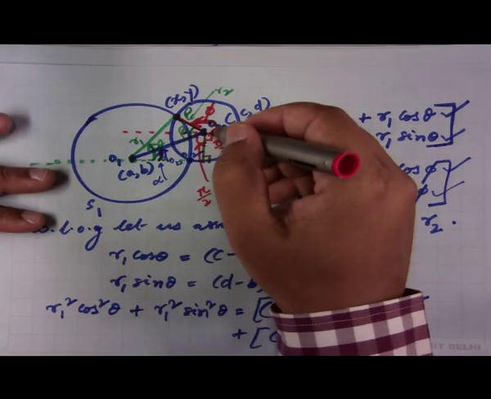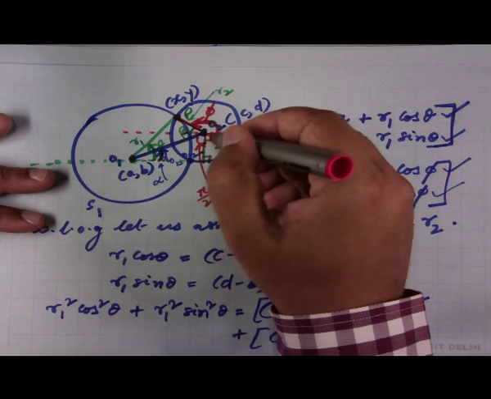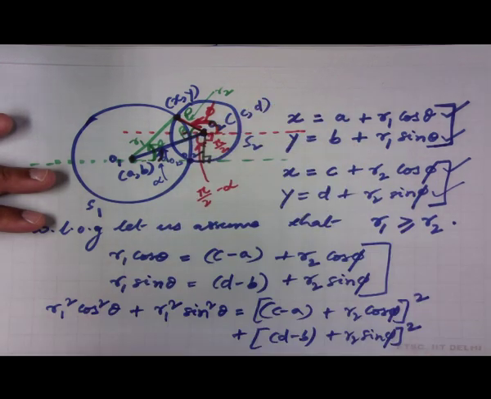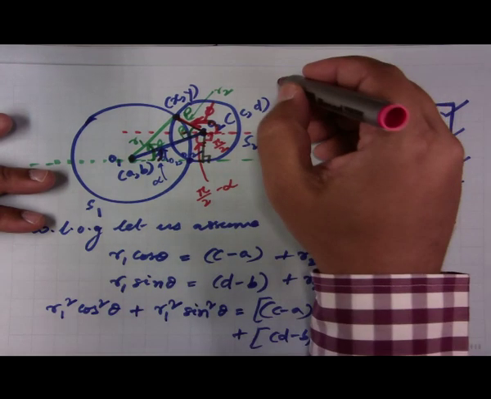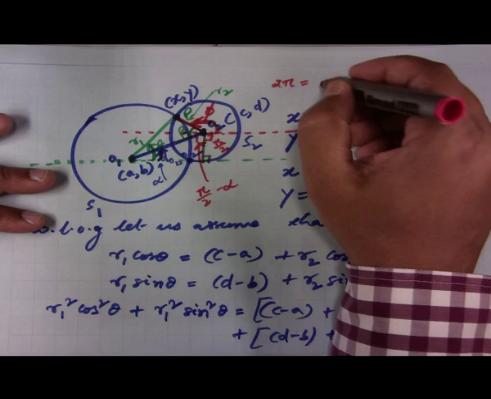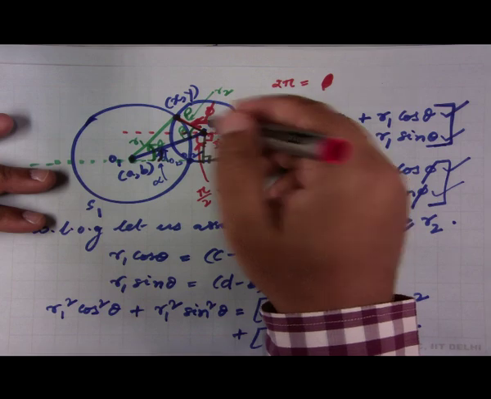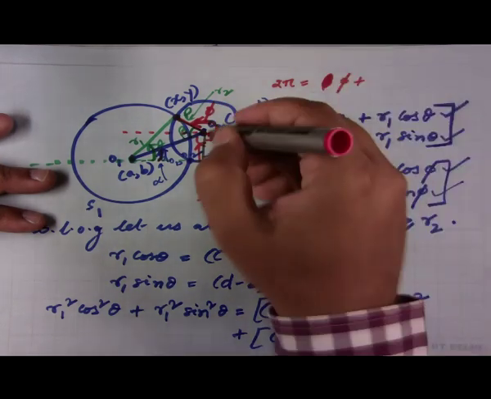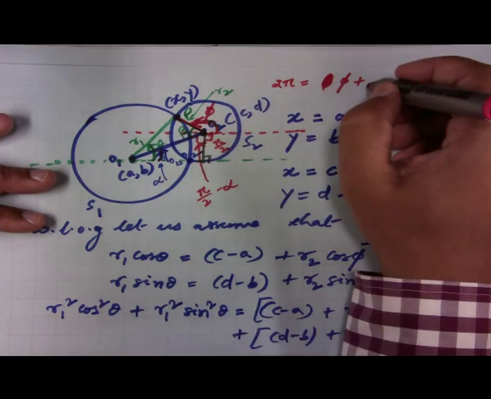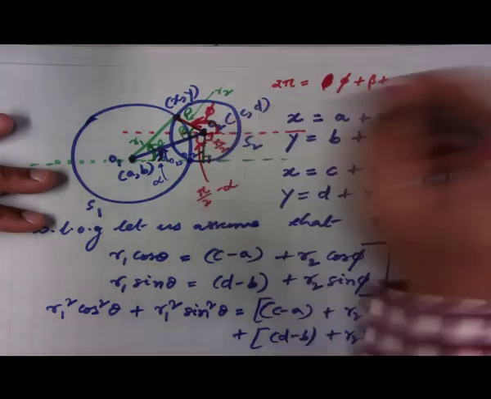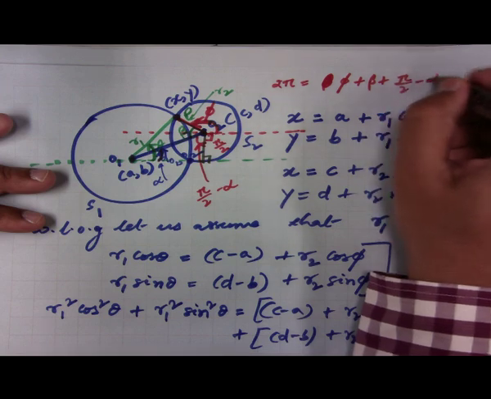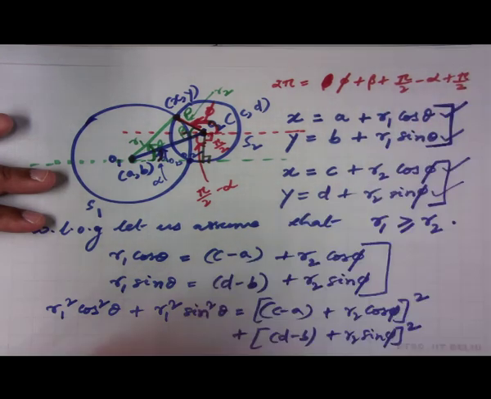Now, if we sum all these 4 angles, we should get 2 pi. So, 2 pi is equal to, let us start in the anti-clockwise direction, starting with phi. So, phi plus beta plus pi by 2 minus alpha plus pi by 2.